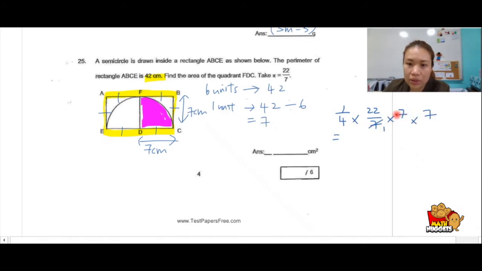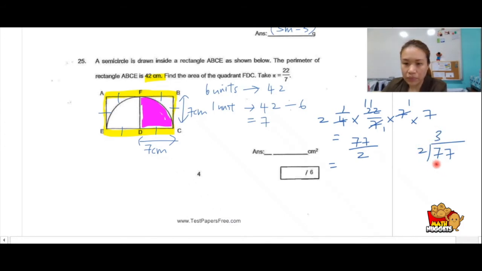Divided by 7, divided by 7, divided by 2, divided by 2. So now we will have 77 over 2. If you do your division, you get 38 and a half.